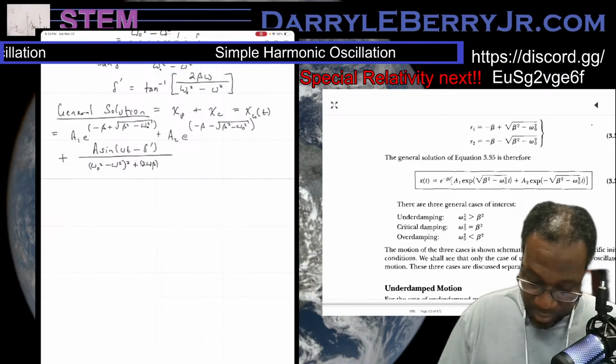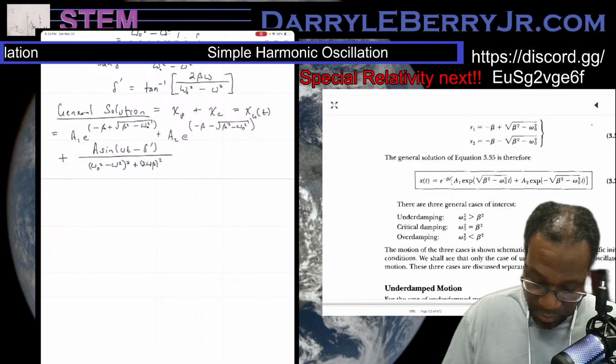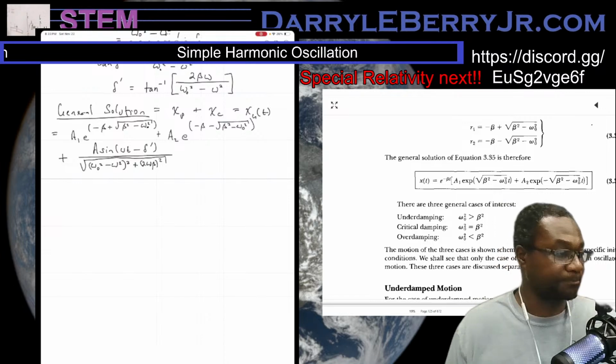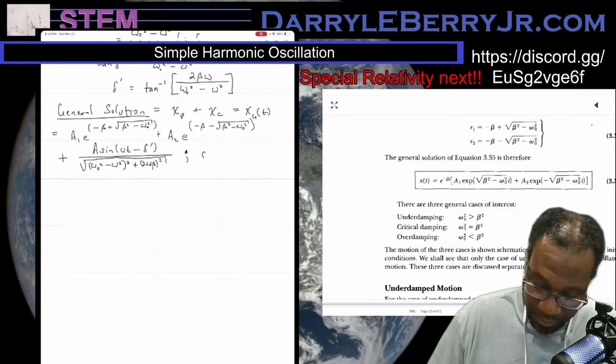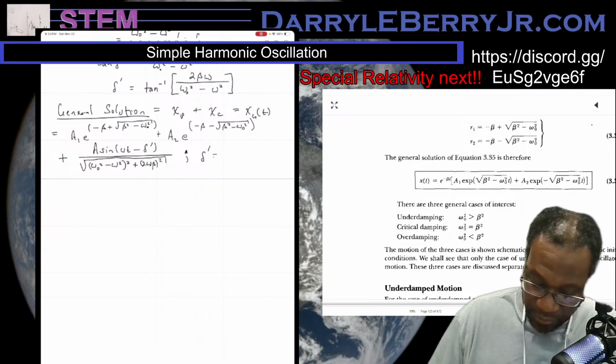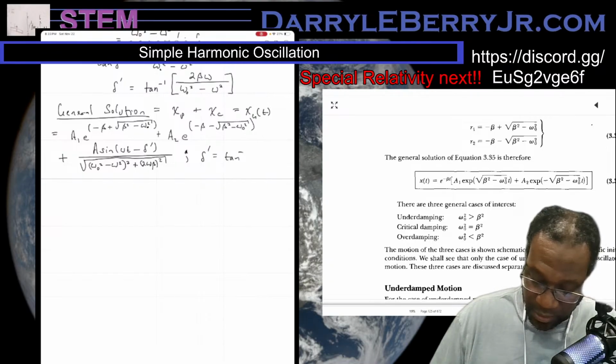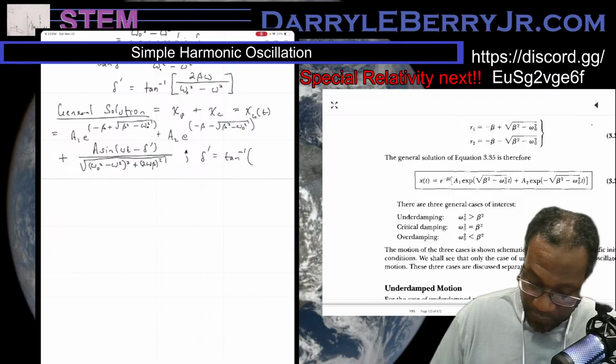And I need to write this a bit neater. Squared. Right. That's our solution. And we have that the delta prime in our final solution is tan inverse of 2 beta omega over omega naught squared minus omega squared.